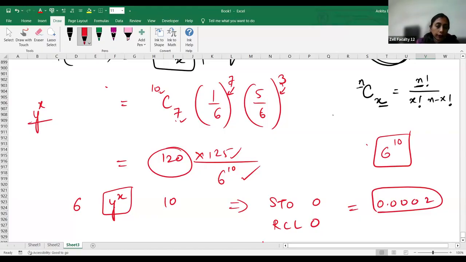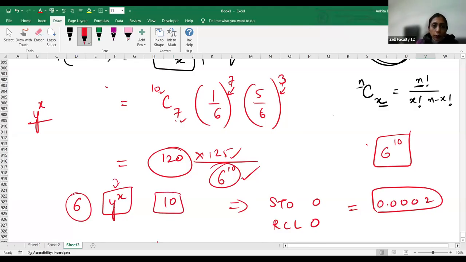Check if you're getting. Yes or no? Ma'am, could you come again on how to work it on the calculator? For 6 to the power 10, you have to write 6, then y to the power x, then 10 equals to.